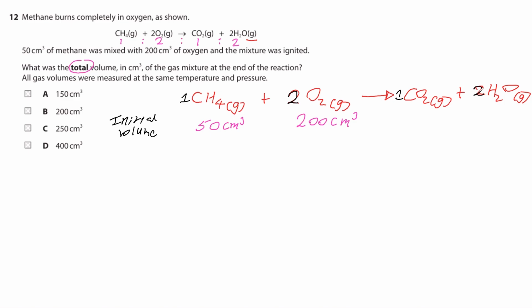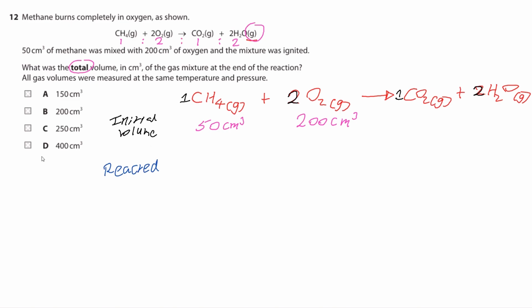So they are saying they are gases. In the reaction it is clearly said that water is a gas, no? So you don't have to worry about whether it's condensed or not, because they are saying all are gases. So we consider water also a gas. Now we'll assume that when I burn 50 cubic centimeters of methane, all of it reacted. So second, I'll write reacted. How much reacted?